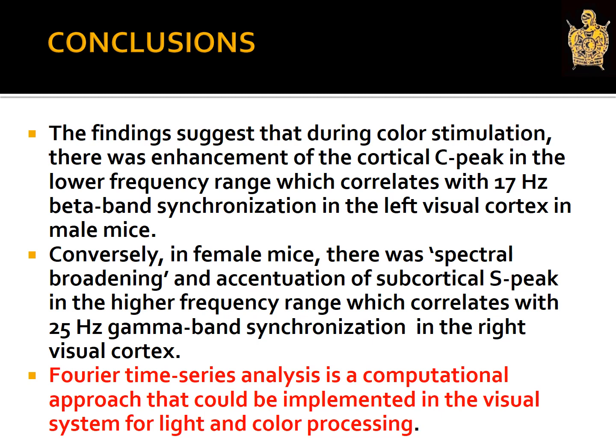In conclusion, our findings clearly demonstrate that the C peak corresponds to 17 Hz, which is the beta band synchronization in the left cortex in male mice, while the S peak in the female mice corresponds to a higher frequency range, which correlates with 25 Hz gamma band synchronization in the right visual cortex.